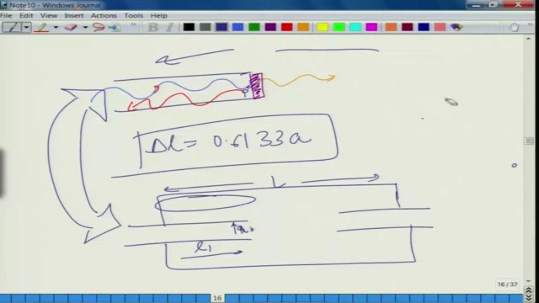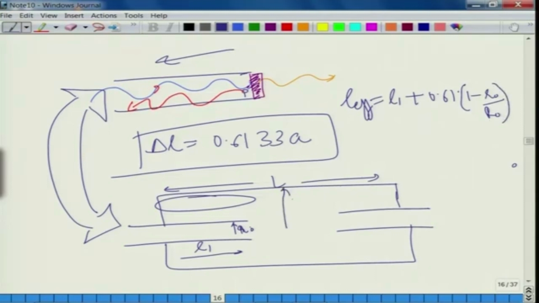So, the net effective length would become L effective equal to L1 plus 0.61, let us keep it simple, times, instead of r naught, there is some additional factor that probably could be considered, and that is 1 minus r naught over big R naught, where big R is the radius of the chamber and small r naught is that of the duct.